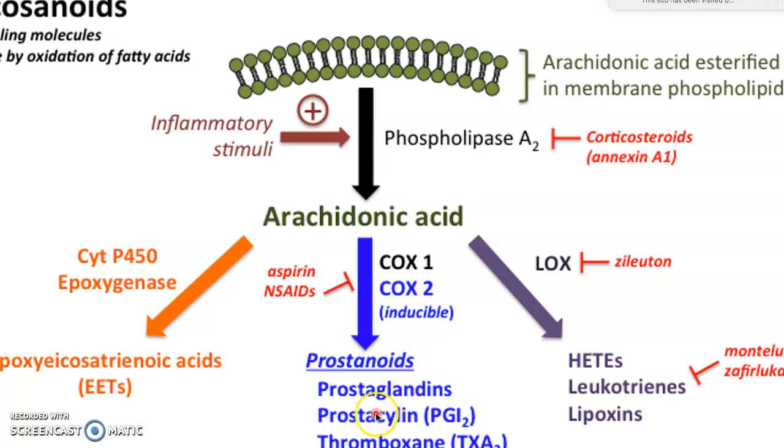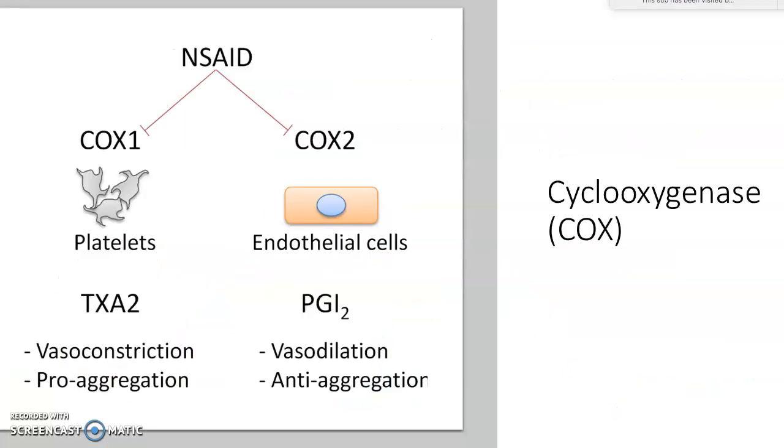These two we'll talk about on the next slide because they're important in the blood clotting process. Prostacyclin prevents blood clotting. Thromboxane accelerates blood clotting or induces blood clotting. And so we want to have a balance between those two, and we'll see how that works on the next slide.